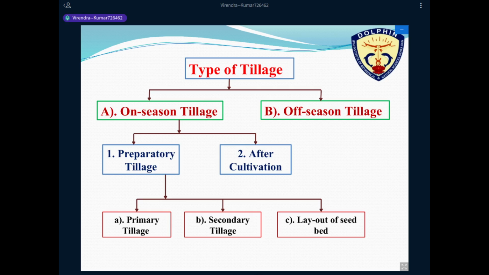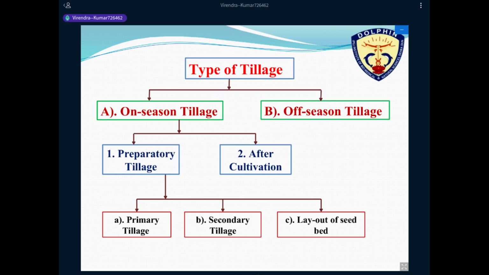As for types of tillage, we have already discussed that there are two types: on-season tillage and off-season tillage. In on-season tillage, such practices are conducted at the time of onset of the crop season.